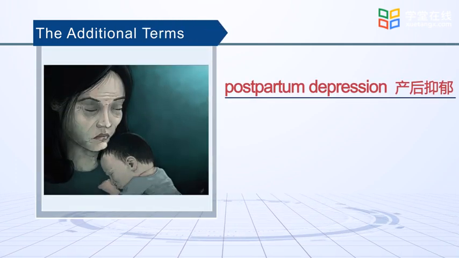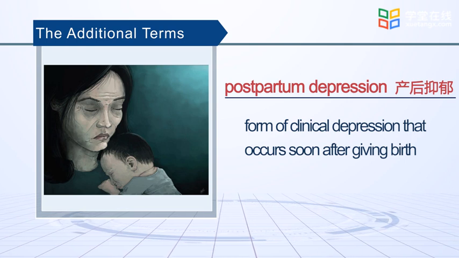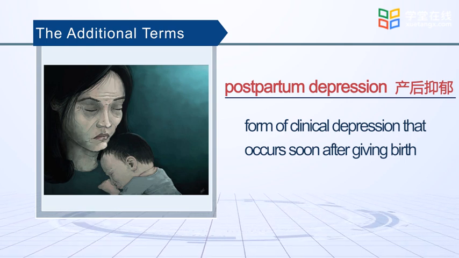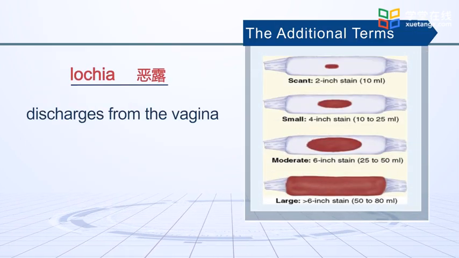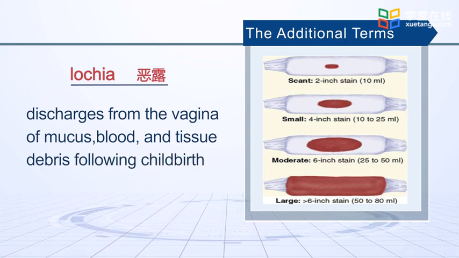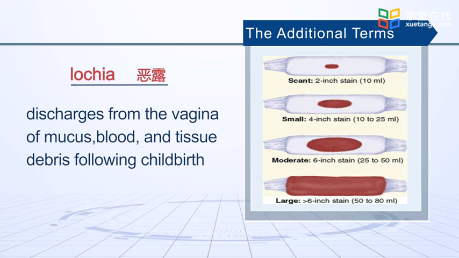Postpartum depression. It is a form of clinical depression that occurs soon after giving birth. Lochia. It is discharge from the vagina of mucus, blood, and tissue debris following childbirth.